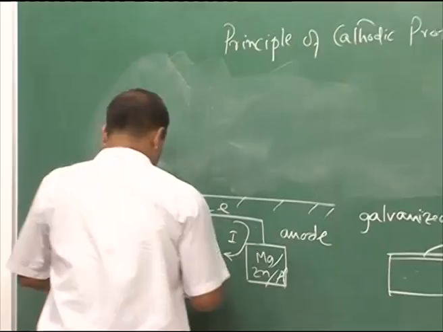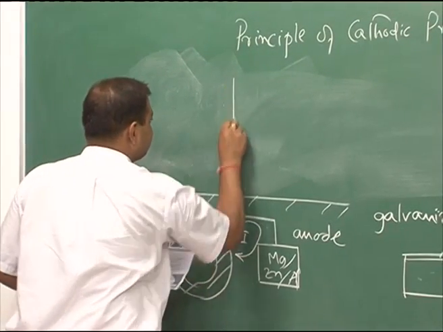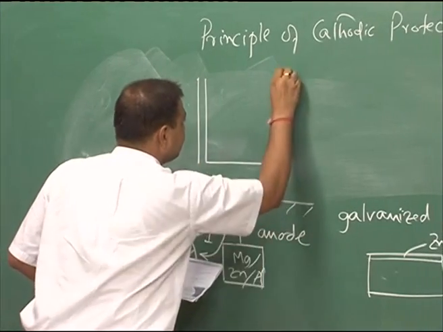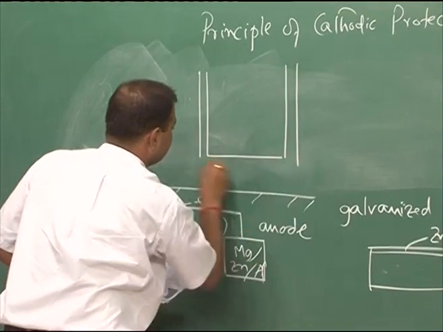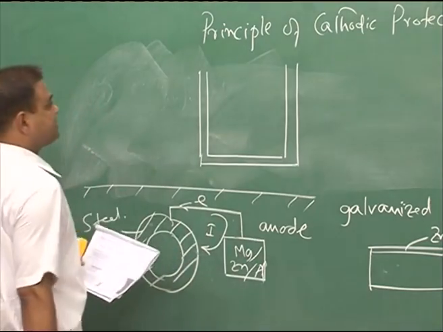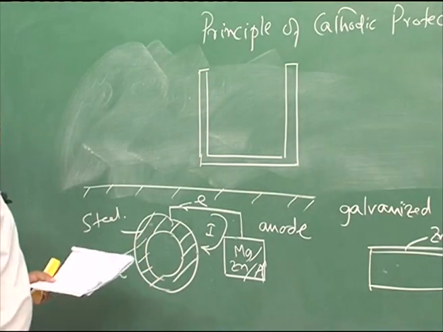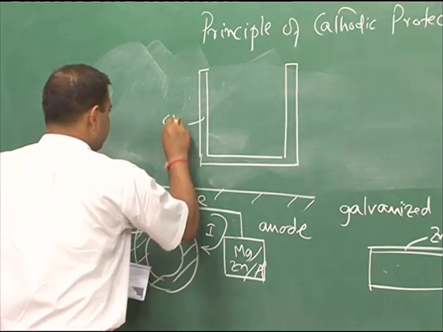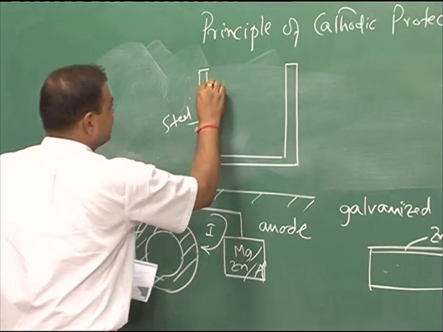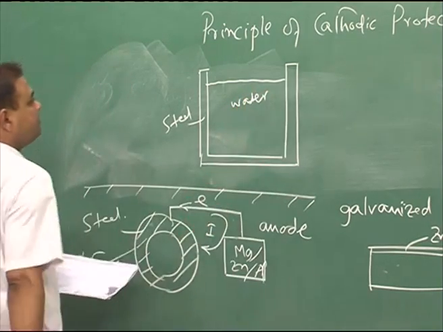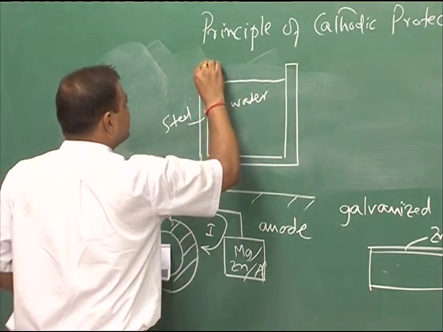For example, this is my water tank, and I need to protect it using the sacrificial anode method. This is also steel material, and let us say hot water is kept inside.